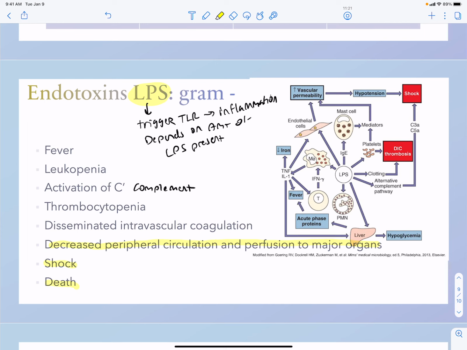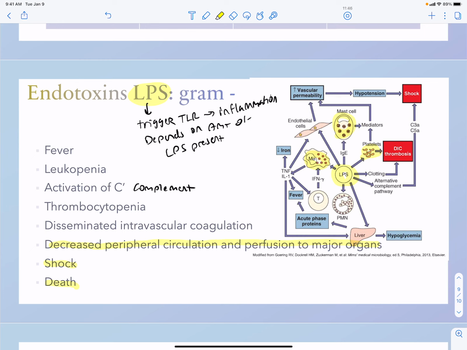And keep in mind that here's just a picture of what's going on, but LPS is going to trigger your immune cells. Your LPS is going to have effect on your platelets, on your mast cells to degranulate. Your macrophages are going to induce inflammation, and mast cells and macrophages are tissue resident, so they're going to be in every tissue in your body.